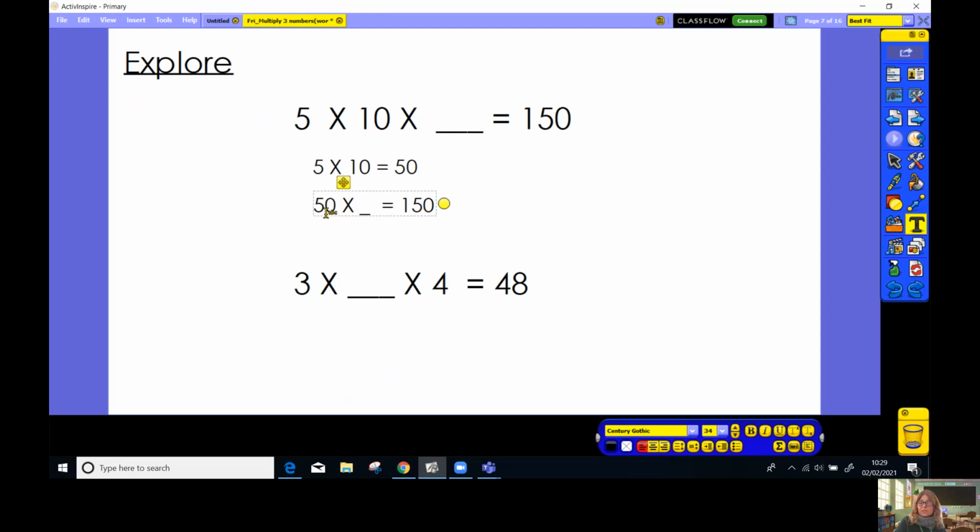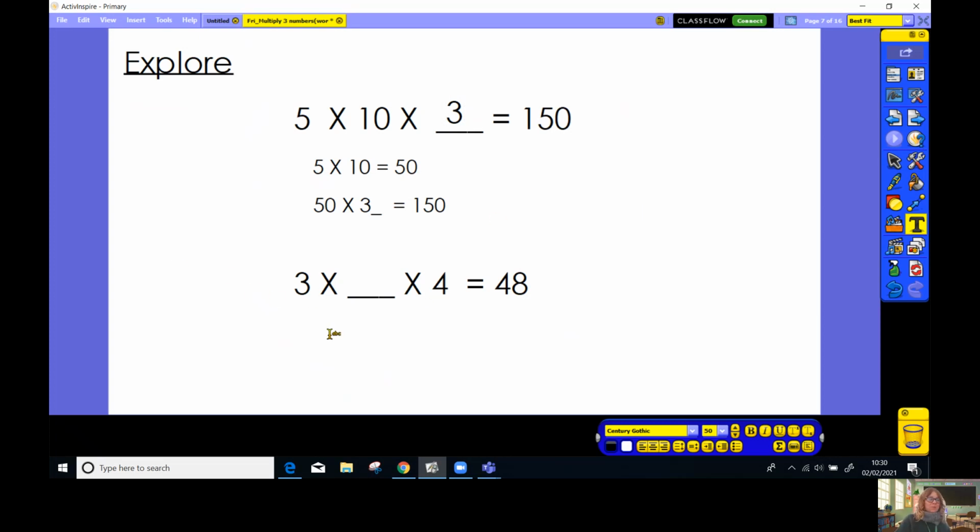Well, I know that 50 doubled is 100, so 50 times 3 would equal 150. So my missing number here is 3.